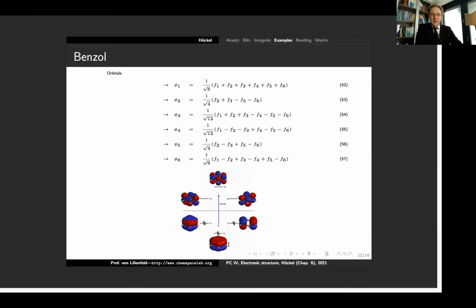Now, this is the picture here. This is what we are referring to when talking about a molecular orbital diagram.